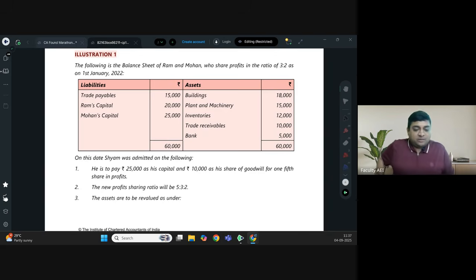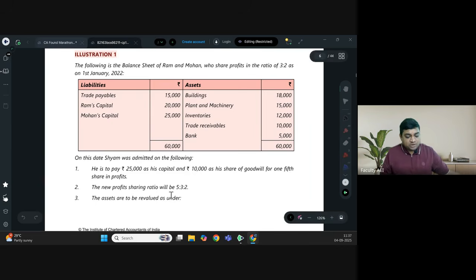Right? Chalo. Following is the balance sheet of Ram and Mohan, who share profits in the ratio of 3:2. And you can see that they have given the new profit sharing ratio also. Right? Okay.